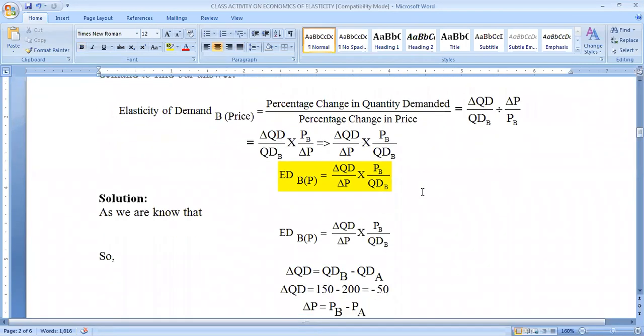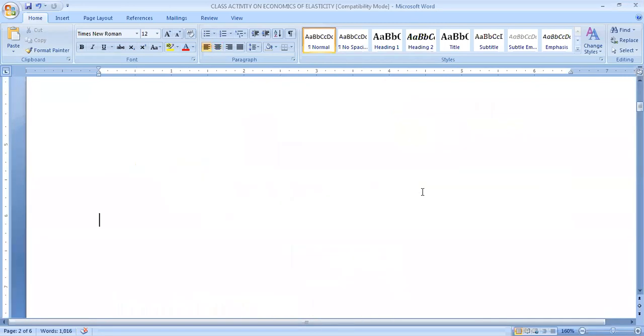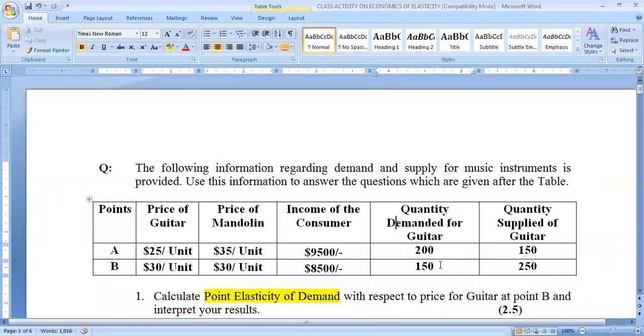Okay, as we know that delta QD equals the difference between the quantity demanded at 2 points, which is delta QD equals QD at point B minus QD at point A. Quantity demanded at point B is given, say, 150, and quantity demanded at point A we are given is 200.